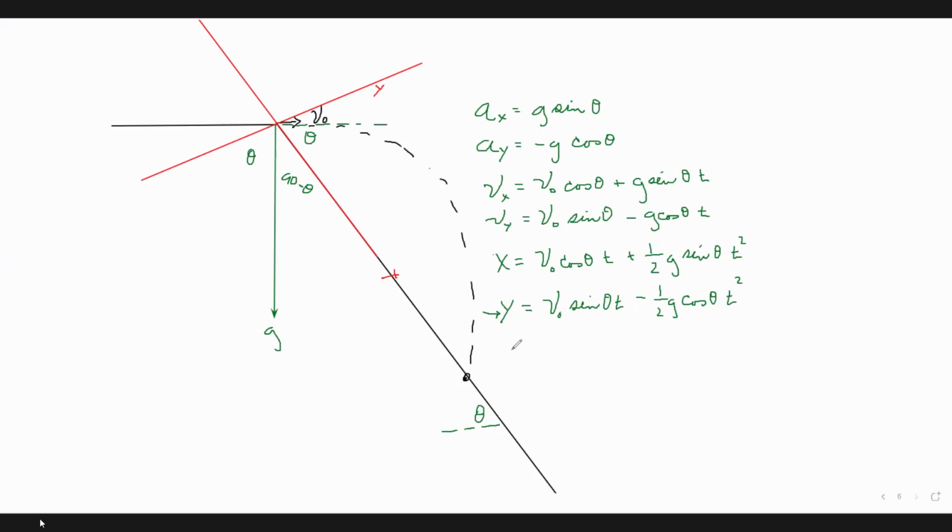So our equation is minus 1/2 G cosine theta t plus V0 sine theta times t equals 0. And all I did was pull the factor of t out of this term and set y equal to 0. So what are the solutions here?